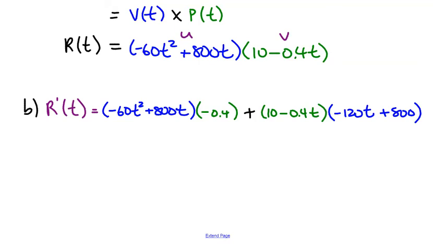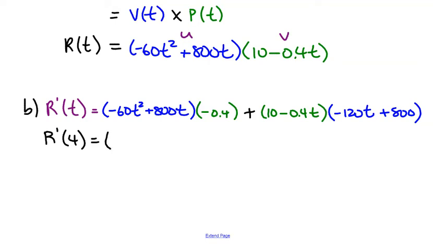Now, since we have that, we don't have to expand it, because what we want to do is answer the question. The first question asked what happens at 4 weeks, so I can just sub the 4 in right away.